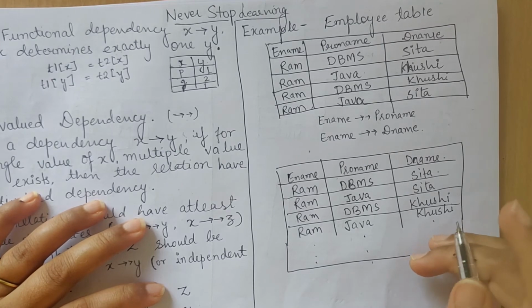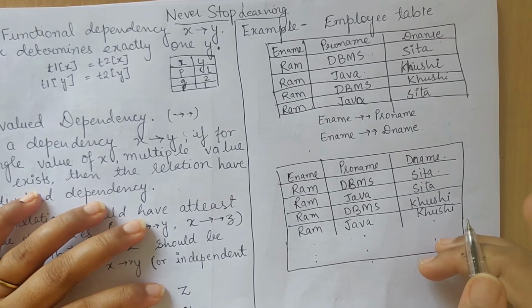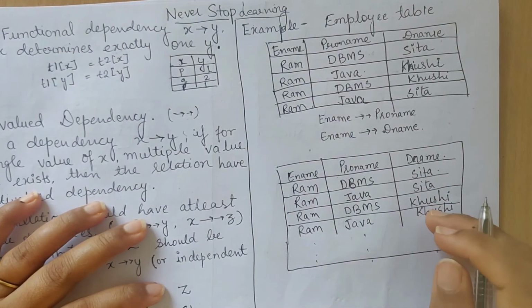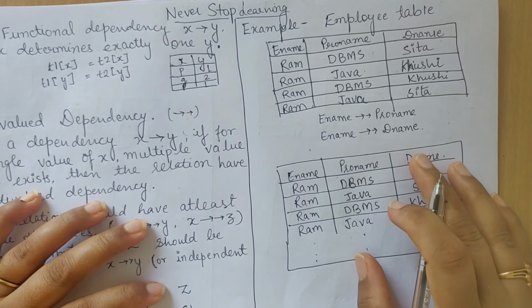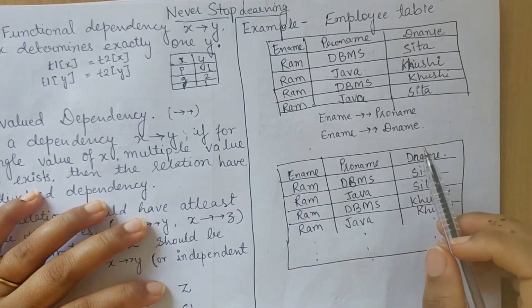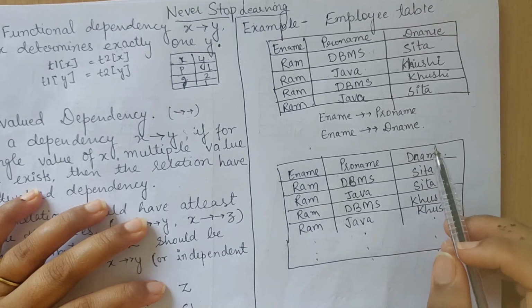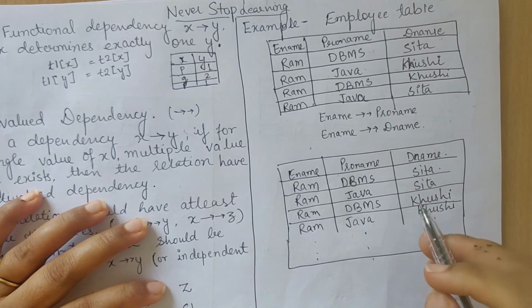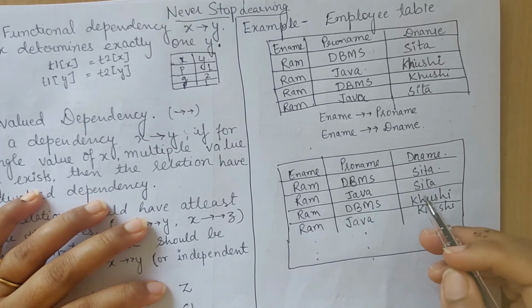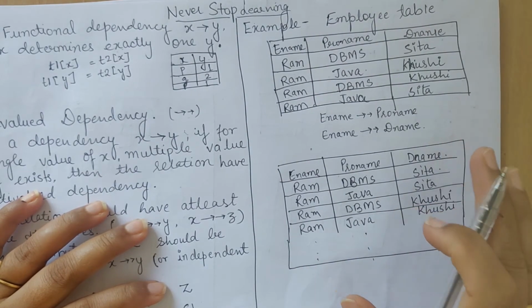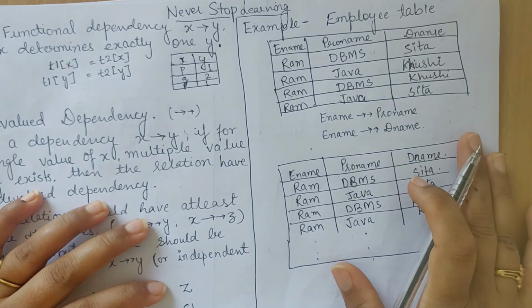If we have 2 or more multi-valued independent attributes in the same relation or table, we get into the problem of having to repeat every value of one attribute with every value of the other attribute to keep the relation state consistent and to maintain the independence among the attributes involved. And this constraint is specified by multi-valued dependency.